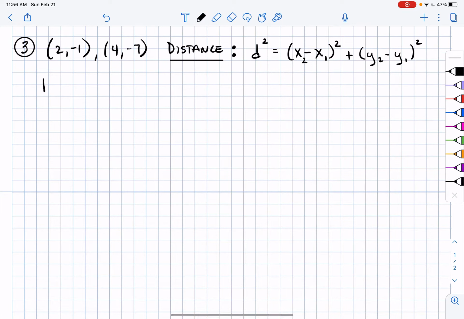So d squared is equal to the difference in x's. So I got, let's say, (2 minus 4) squared plus the difference in y, which is (-1 minus -7) squared. Okay, so let's see here.